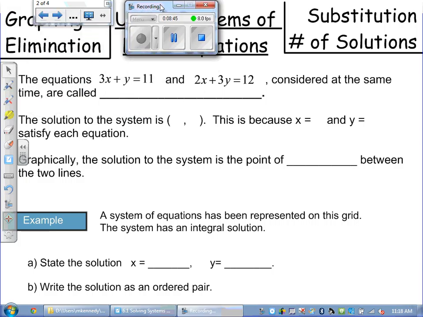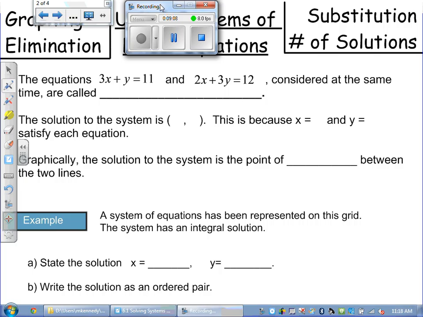Now let's just do some fill in the blank. The equations 3x plus y equals 11 and 2x plus 3y equals 12, considered at the same time, are considered what? What do you think we have a name for when we have two lines that we're considering at the same time? We call it a system of equations.